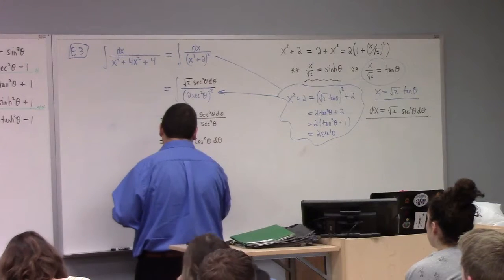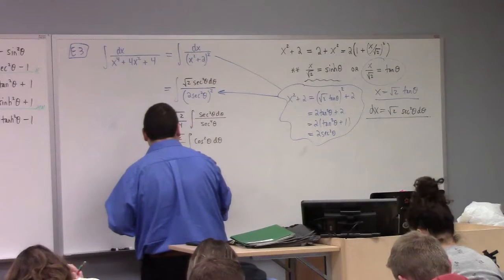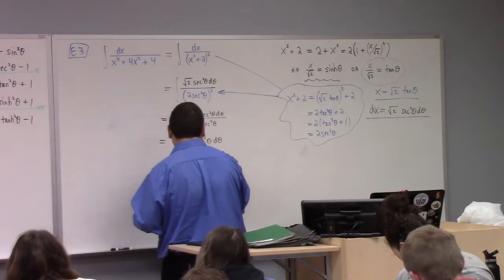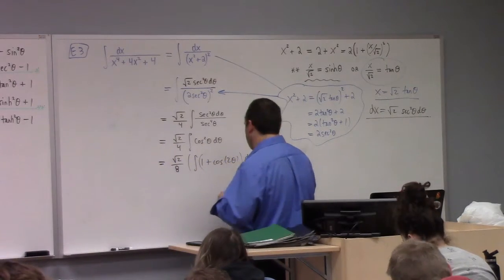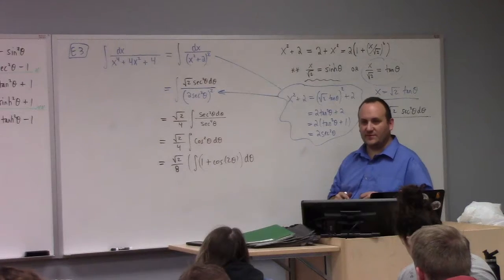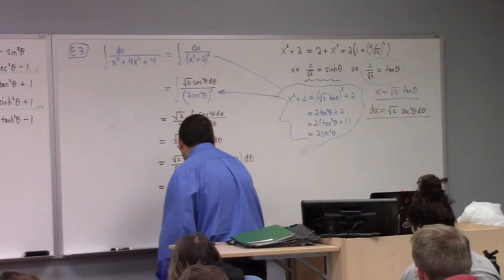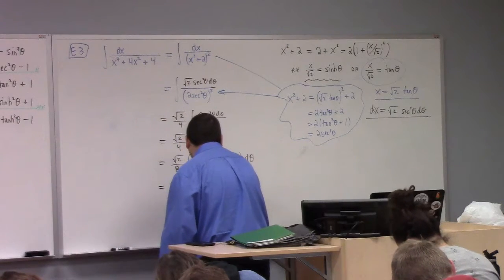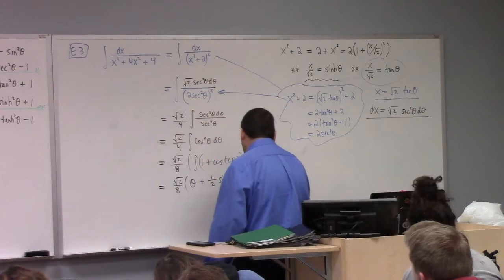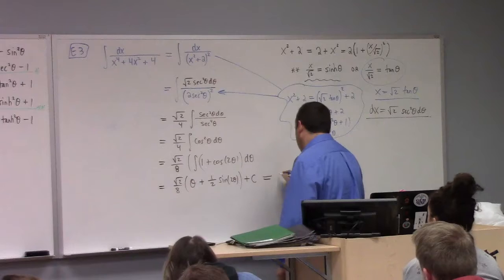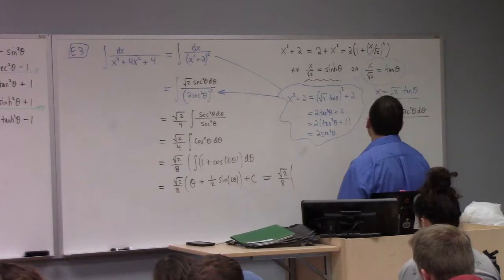Yes. Well, you've all taught me something today. Let's see here, 2 over 4. Let's make that an 8, and let's trade that for an integral of 1 plus cosine 2 theta, because look where we've gotten to again. Cosine squared, right? So 4 times 2 is 8. And so, great: square root of 2 over 8 times theta plus 1/2 sine 2 theta plus a constant.